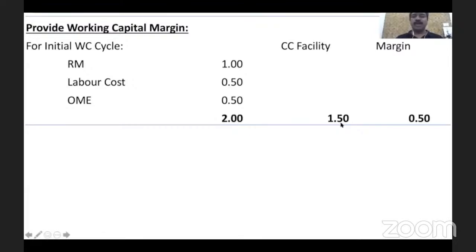So out of 2 crore, the banker is ready to give 75%. It means the condition placed by the banker is, we will give 75%, you please bring 25%. That's what you see in this 0.5. It means 25%, 50 lakhs out of 2 crore should come from the owner, and 1.5 crore the bankers are ready to give.